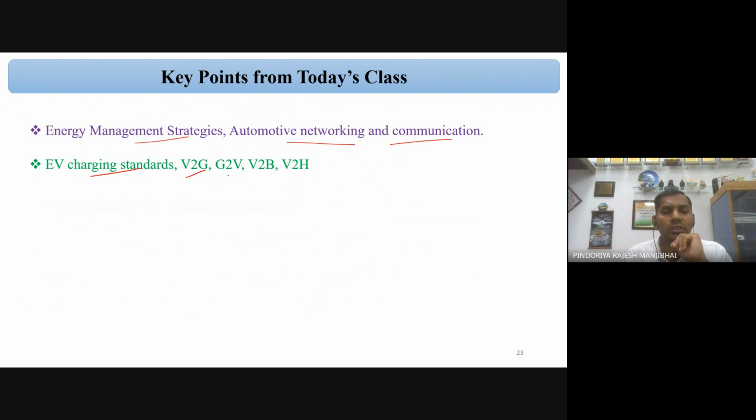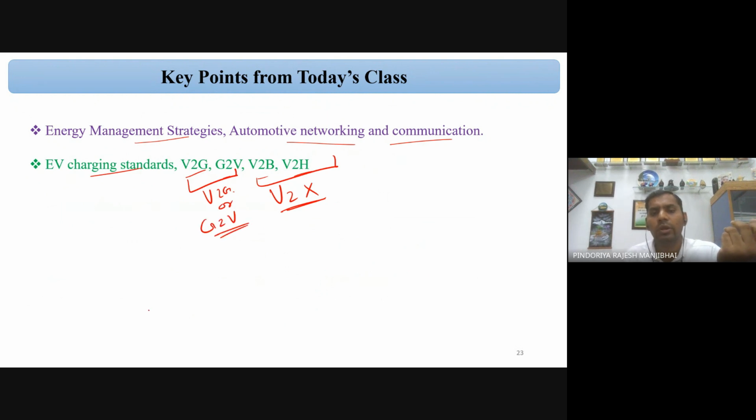There is V2G, vehicle to grid, grid to vehicle, vehicle to business, vehicle to any, correct? These we can call V2X, and this one is vehicle to grid or grid to vehicle. Okay, so these two topics we will discuss in the next class.